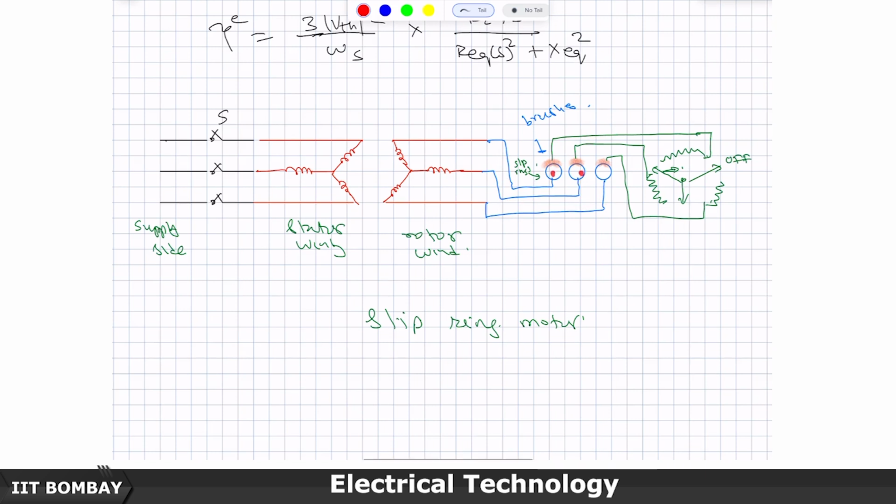This is on the shaft. So, these slip rings rotate because of their being on the shaft.